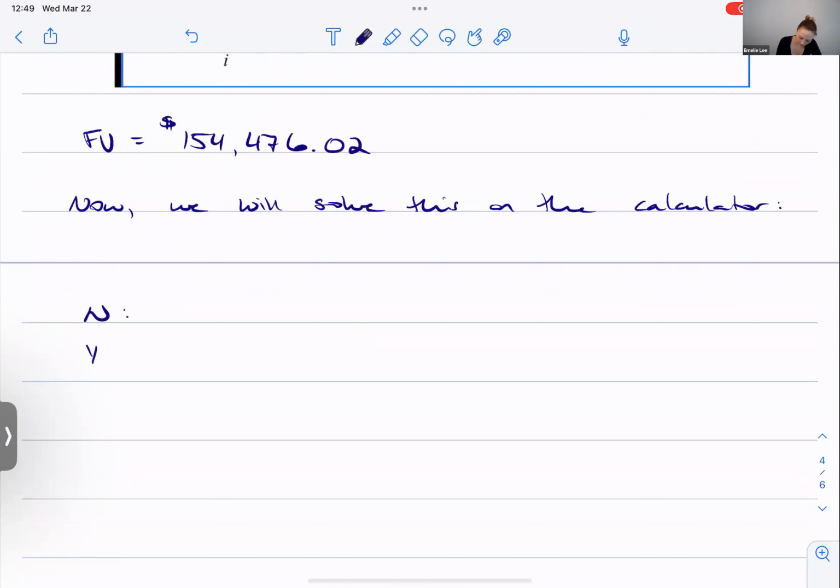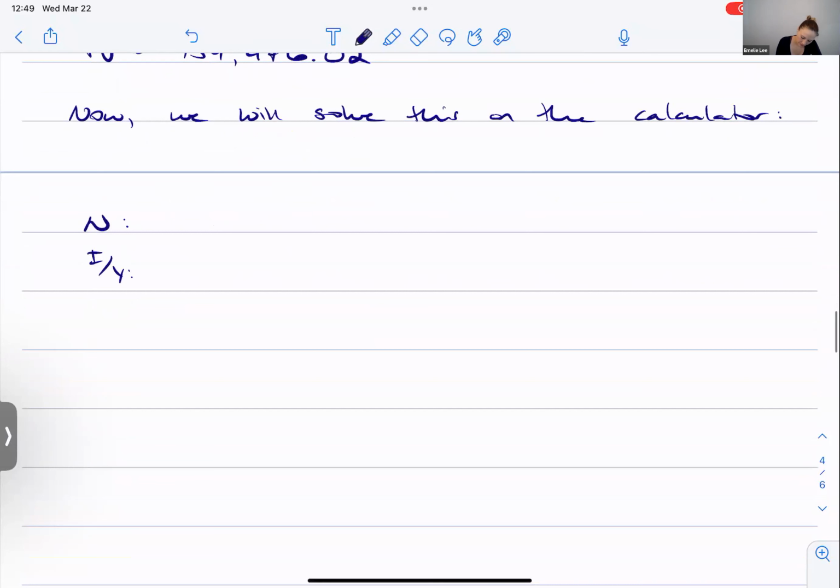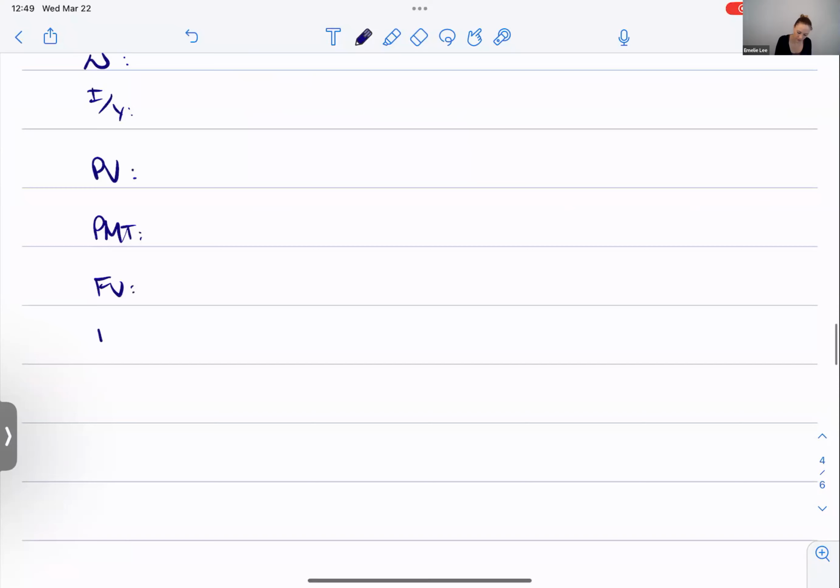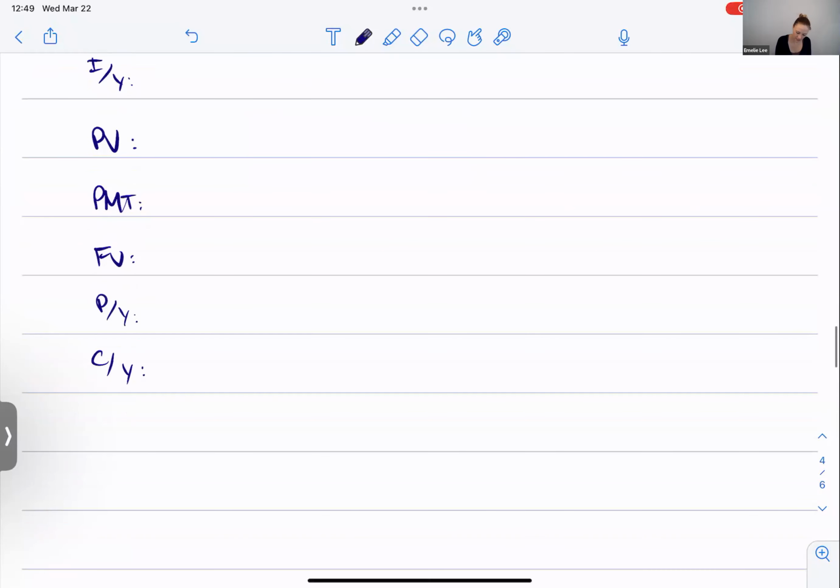And the interest per year, oops. I think it's the present value, the payment amount, the future value, the payments per year, the compoundings per year, and beginning or end.